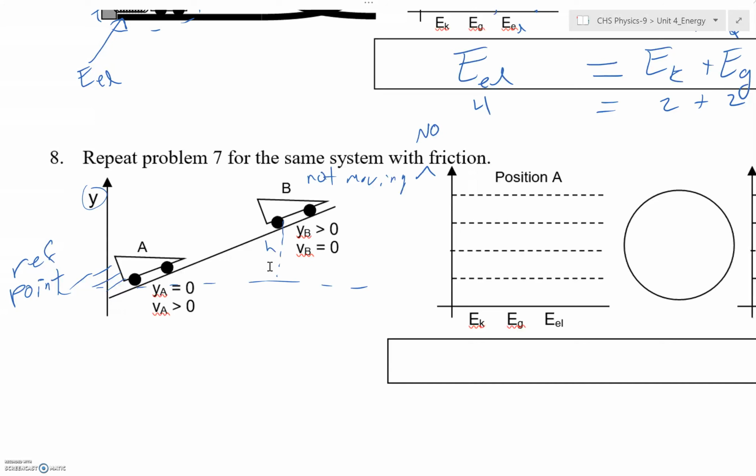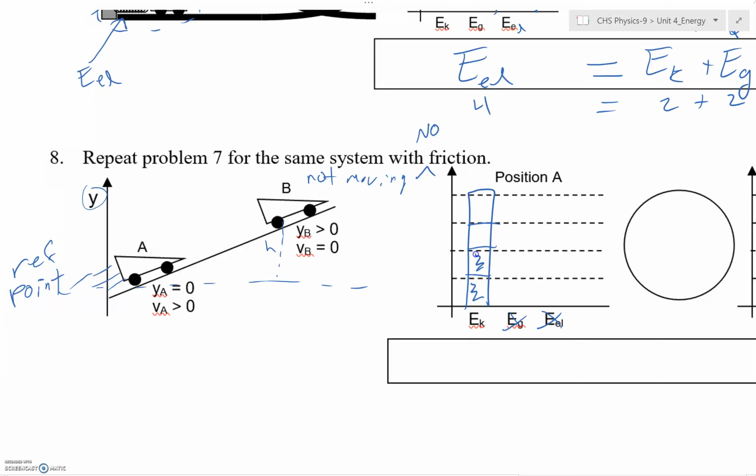Okay, so at the beginning, we've got no gravitational energy, and no elastic energy either, because at the beginning it's at our reference point, and there's nothing being stretched or compressed here. The only thing it has is kinetic energy, because it's moving.